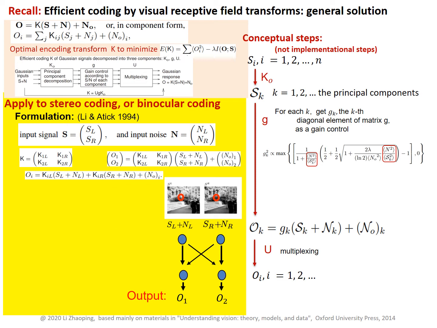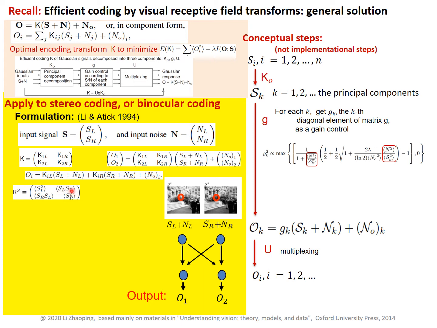The inputs from the two eyes are correlated. We can describe this correlation by the 2x2 correlation matrix here, called RS. The top left element is the self-correlation of the left eye input with itself, and so is the self-correlation of the right eye input, and the off-diagonal elements are the cross-correlation between the left and right eye inputs.